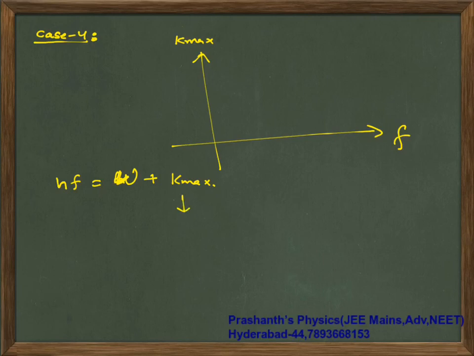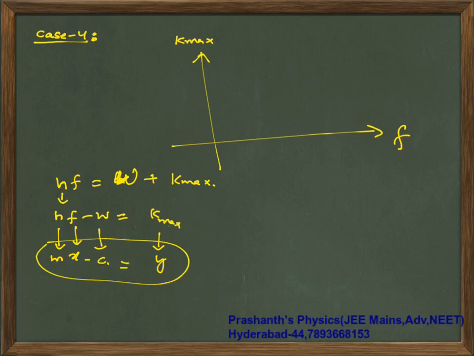This is your h f minus W is equal to K max. So looking at this, K max is y, your intercept is c, this is m, this is x. Your y is equal to mx minus c.